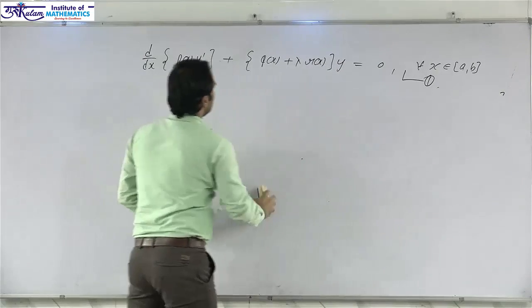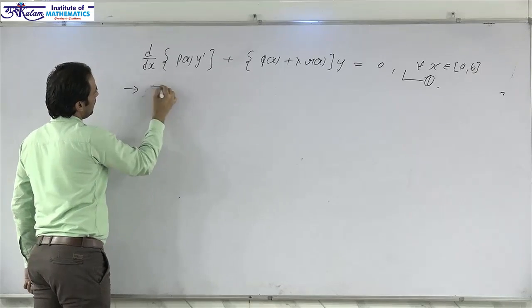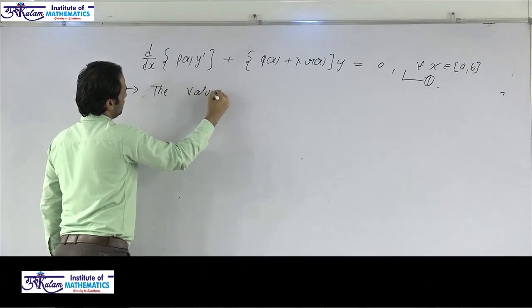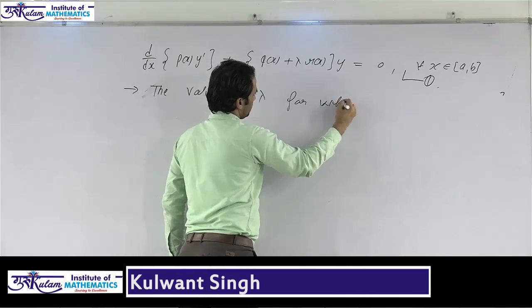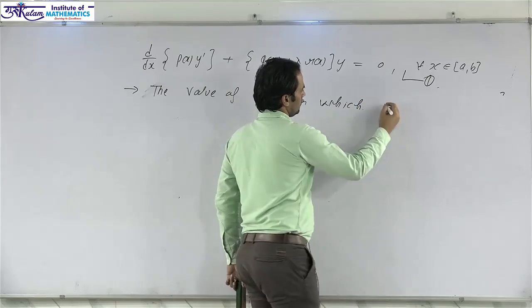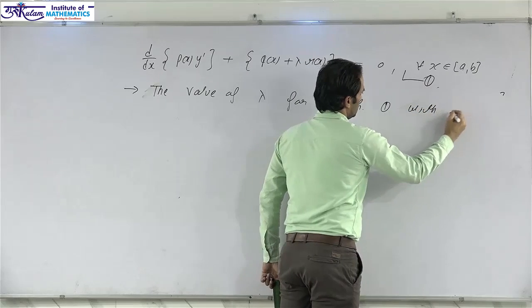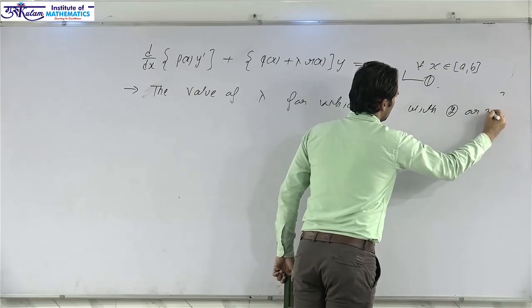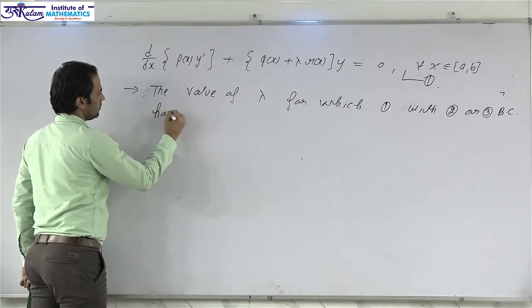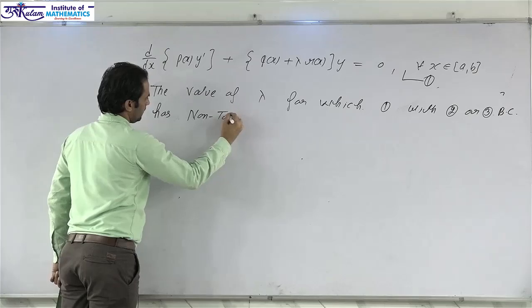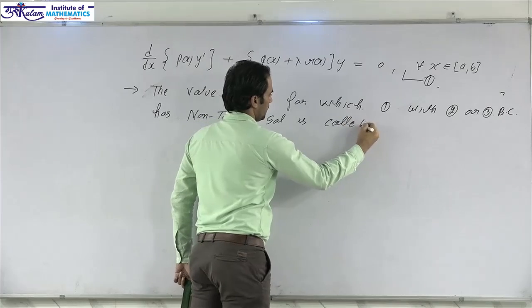So the value of lambda for which equation 1 with the second or third boundary condition has a non-trivial solution is called an eigenvalue.